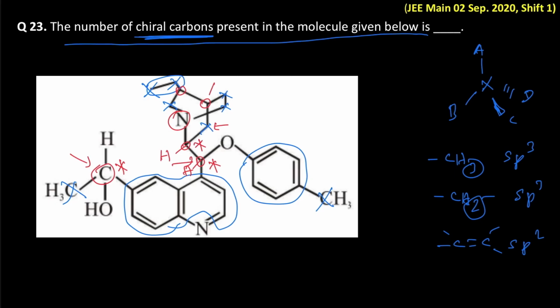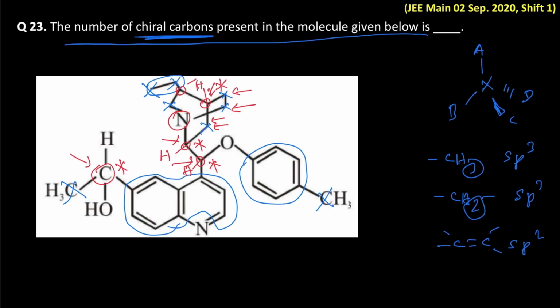How about here? We have a hidden hydrogen, and then CH2 here, and then CH on this side, and then again CH2 here. But look at the next carbon. The next carbon here is CH2, but here it is not CH2. It is connected to CH. So, therefore, there is asymmetry.